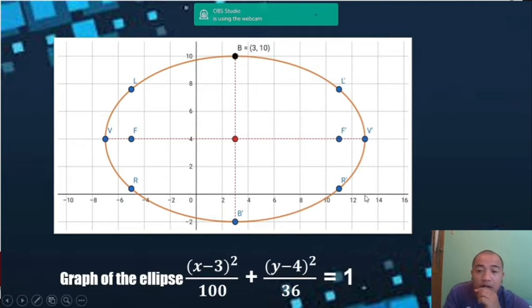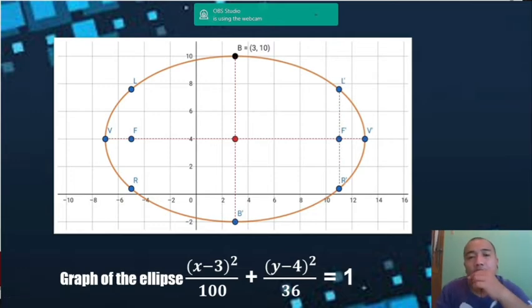Vertices are (13, 4) and (-7, 4). Foci are (-5, 4) and (11, 4). And the rest, the lateral recta. So, as you can see, the major axis is horizontal for case 1. Now, let's proceed to the next example.